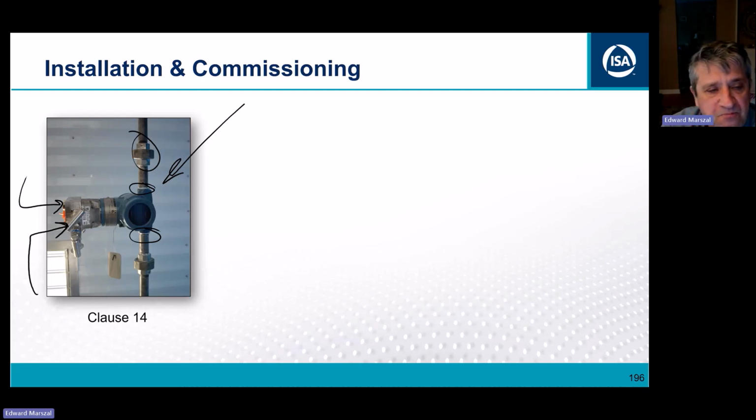Now, if this happens, do we really want to run our calculations to calculate the probability that somebody installs it like this? Is there any benefit to that whatsoever? The answer is a solid no. Calculating the probability that somebody doesn't install something correctly is not going to be helpful to us.